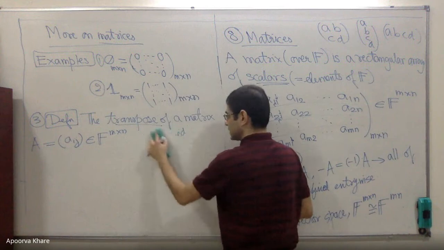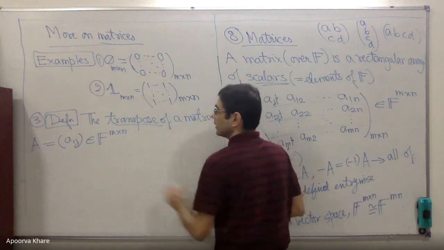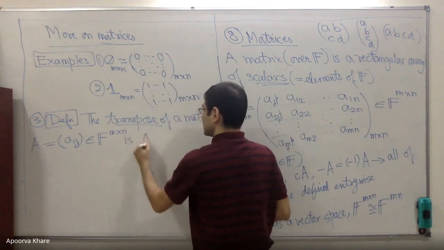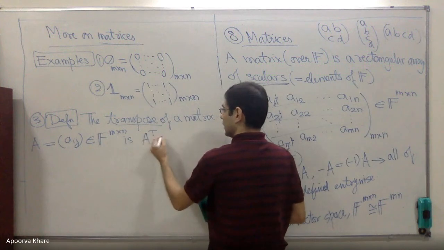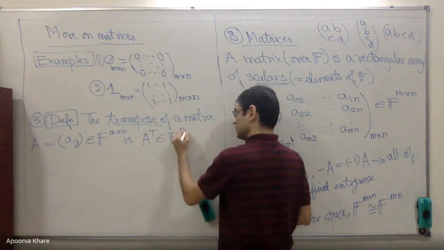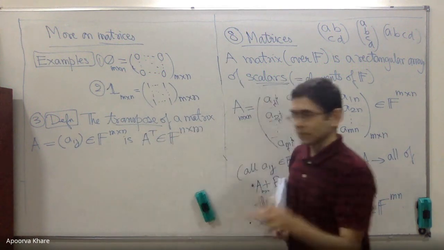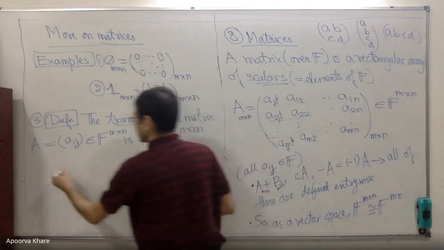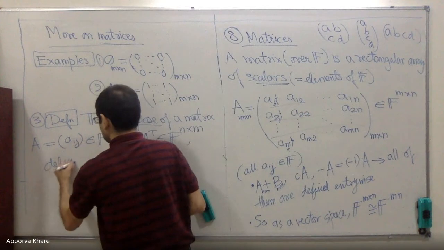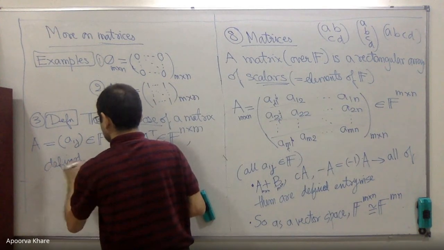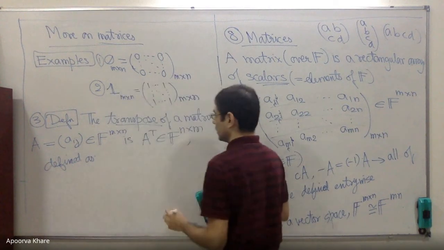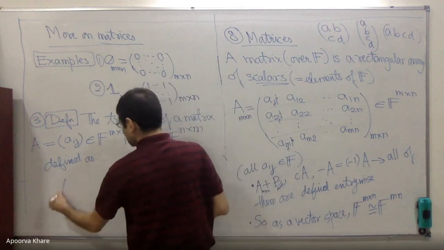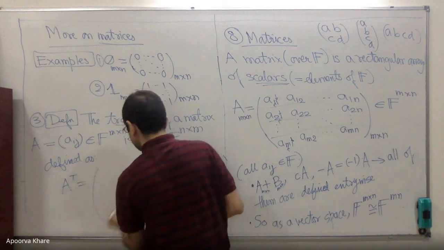Let me first write down what it is denoted by: A transpose belongs to F to the n cross m. As I said, the number of rows and columns switches. A transpose is defined as follows: I just take all the entries and put them.